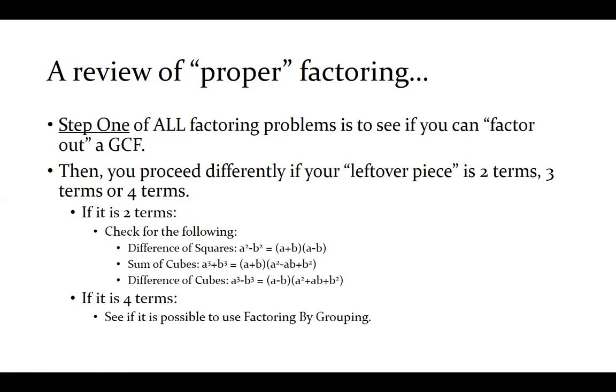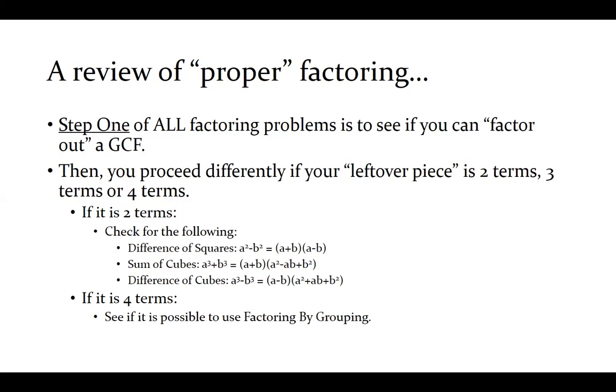Now, one of the confusing things about factoring is that we do something completely different if we have 2 terms, 3 terms, or 4 terms. It isn't a one-size-fits-all strategy that we can apply to anything.